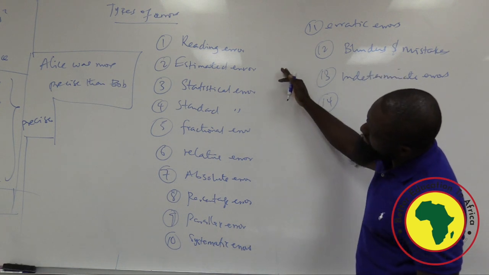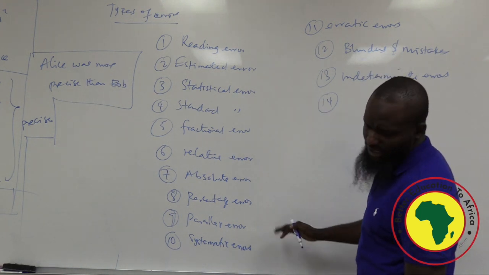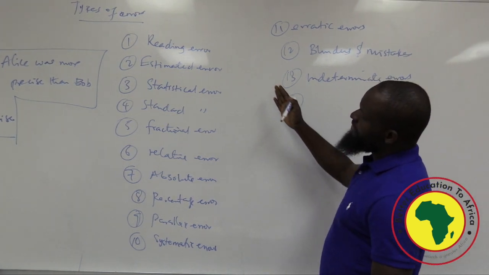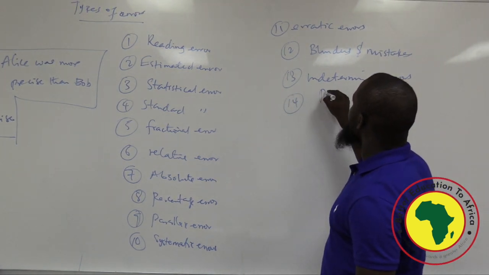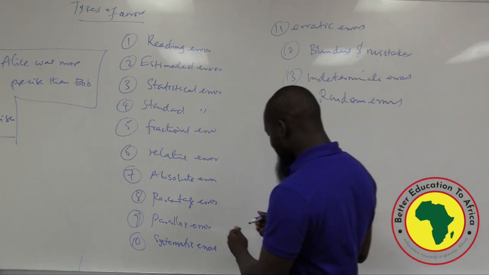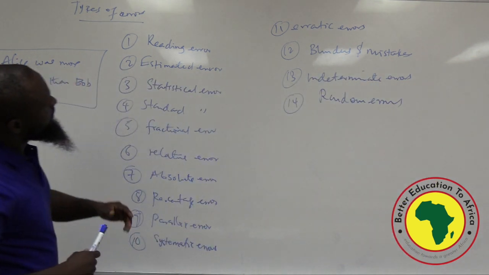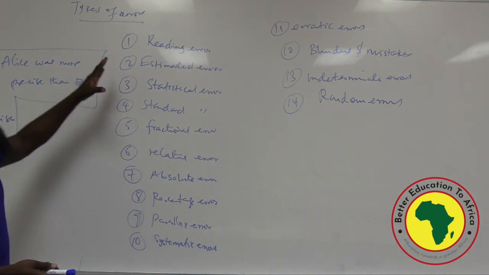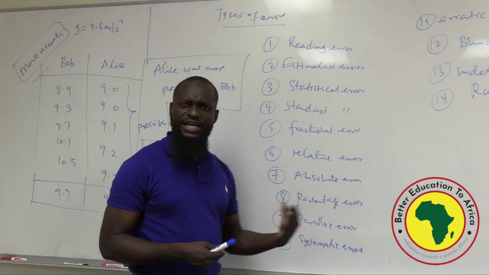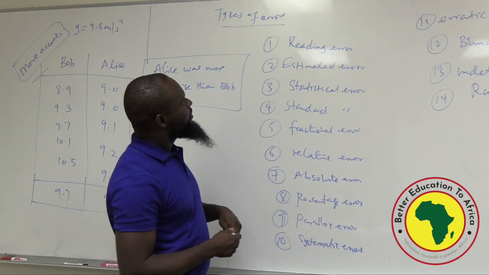There are lots and lots of errors. I cannot mention all of them, but they are there. We can have random errors like that. Now I'm going to discuss a few, not all, to make you see how these errors work. You can read some of the rest on your own. They are quite easy to understand. So let me start.